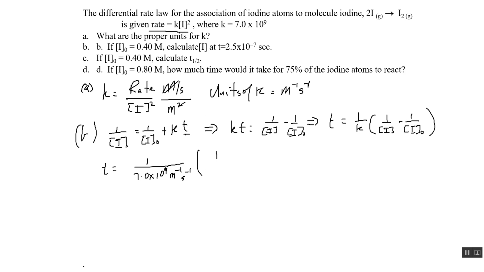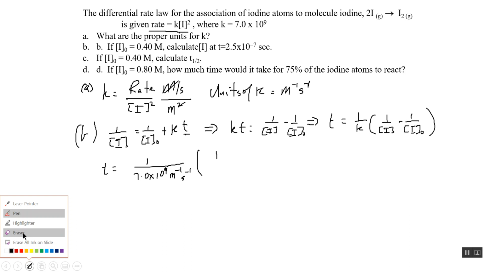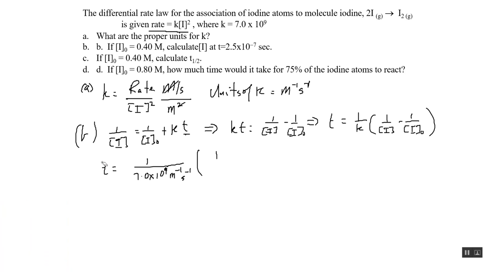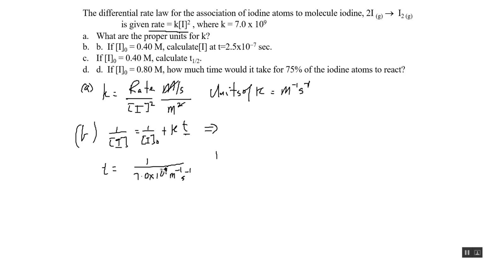Let me do an erasure here because I was solving for T when the question is asking for the solution for I. So let me erase this here. I'm going to start off with the same equation, but we have to use a different form of it, a different rearrangement.